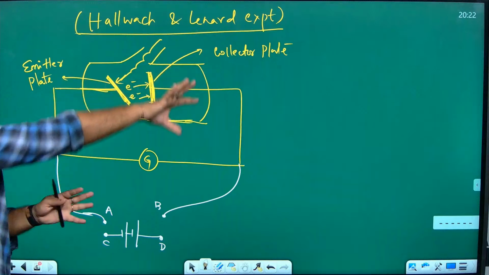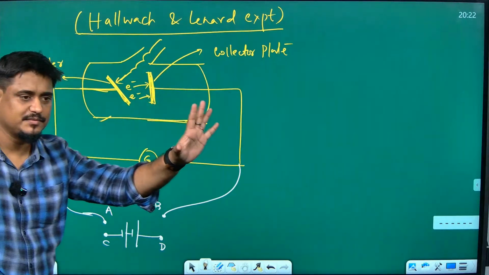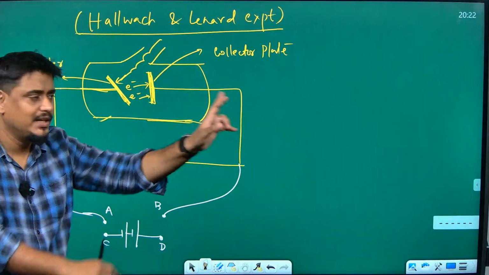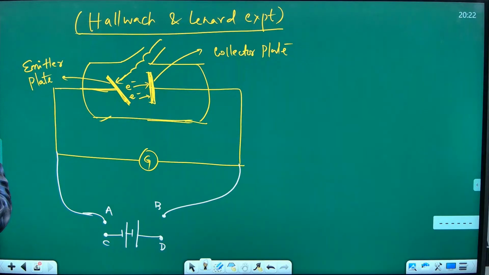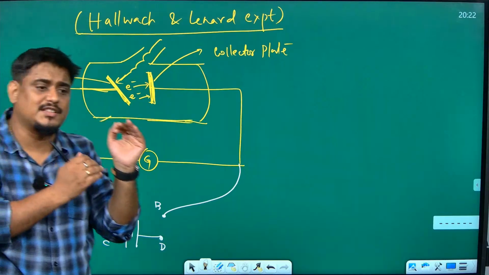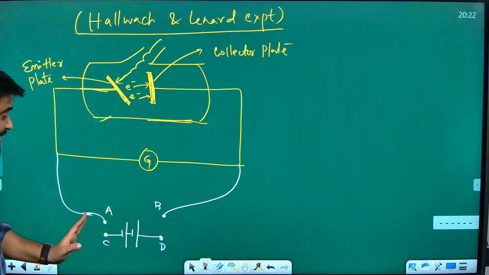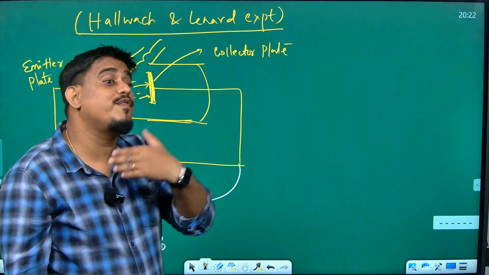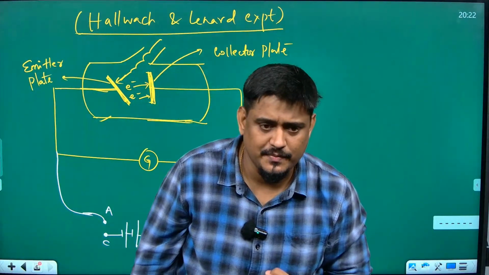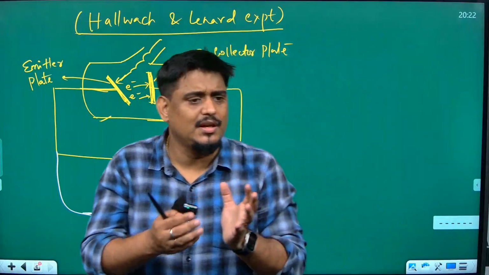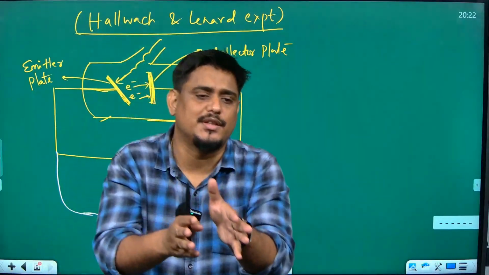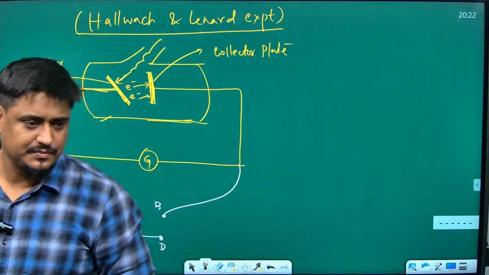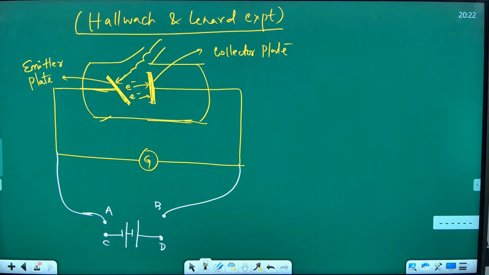Connecting A with C and B with D favors the photoelectric effect, because you are giving energy to the electron by connecting the battery, the source of EMF.